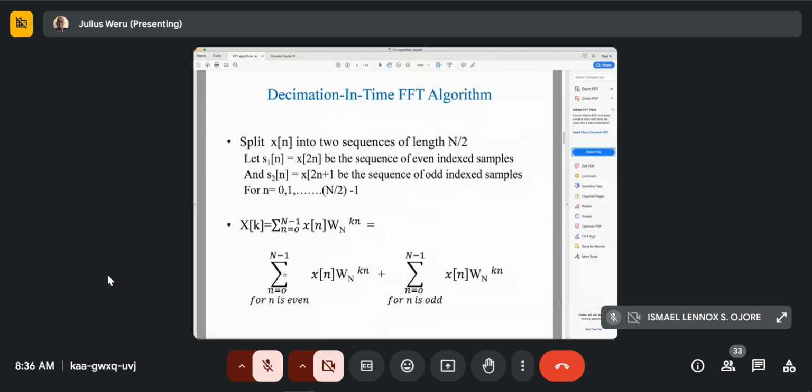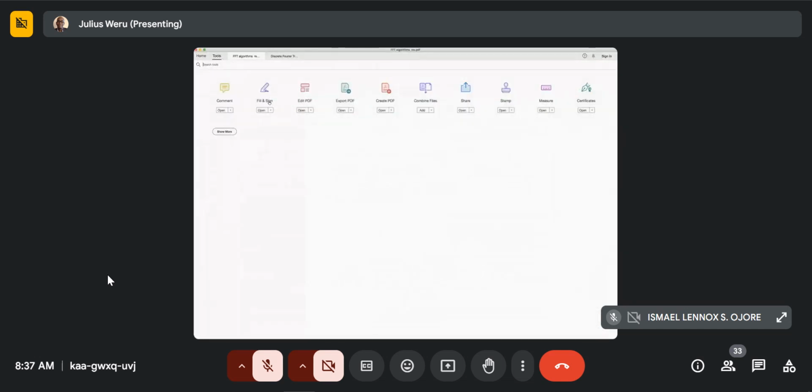So X of k can be split into two. What we have are the DFTs of two sequences, one with the odd samples. By odd samples, we mean the samples, forgive me, I'm so used to writing that I'm uncomfortable when I can't write.